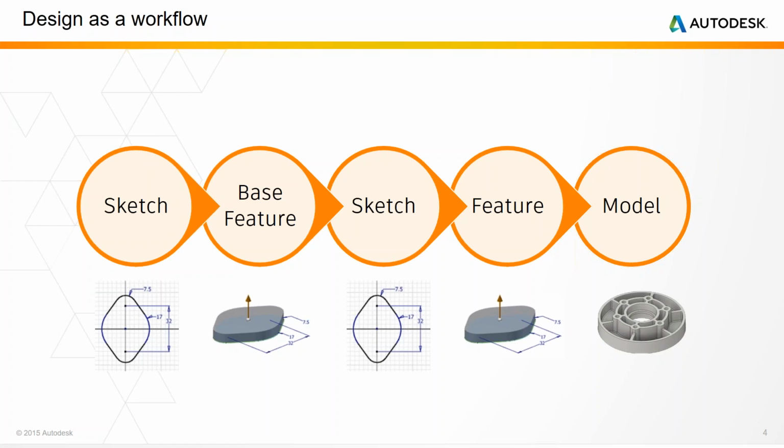Then we need to add an additional sketch and another feature. Lastly, we can get our model. If you have a more complicated model, you can use a lot of sketches and a lot of features, but it is based on your model complexity.